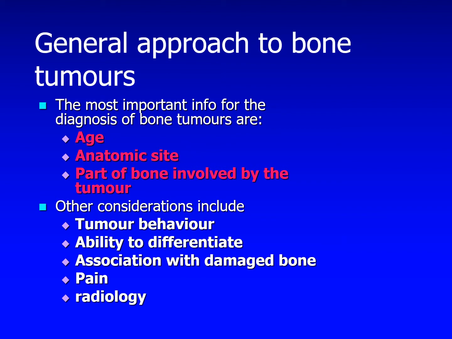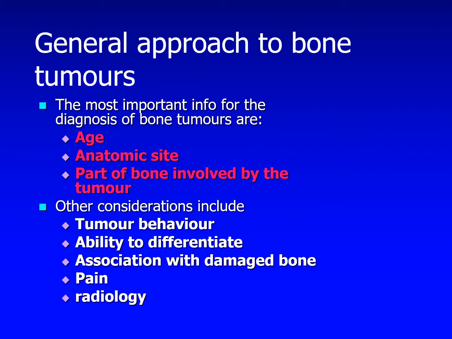Many primary bone tumors tend to occur during the height of skeletal growth, which is during adolescence. During this period, they tend to occur around the long bones, especially the longest and second longest bone in the body. The longest bone in the body is the femur, and the second longest bone is the tibia.